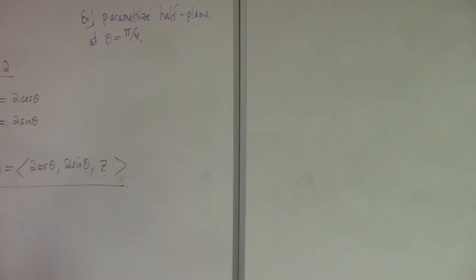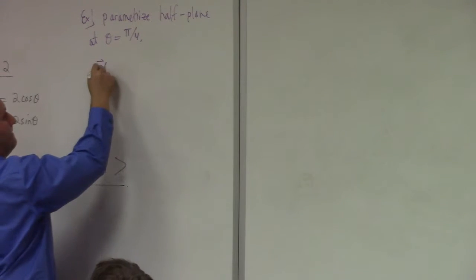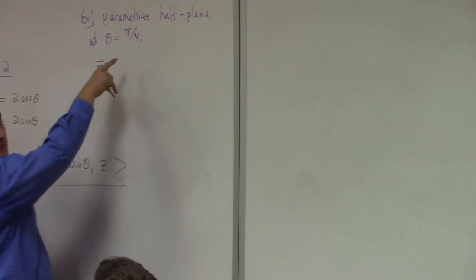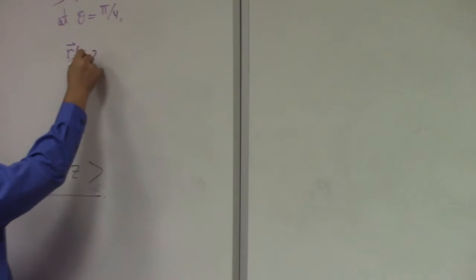All you do, what would you do? What would you use as your parameters in this case? The easy choice. Everything except for theta. What's left? You got r and z, right?